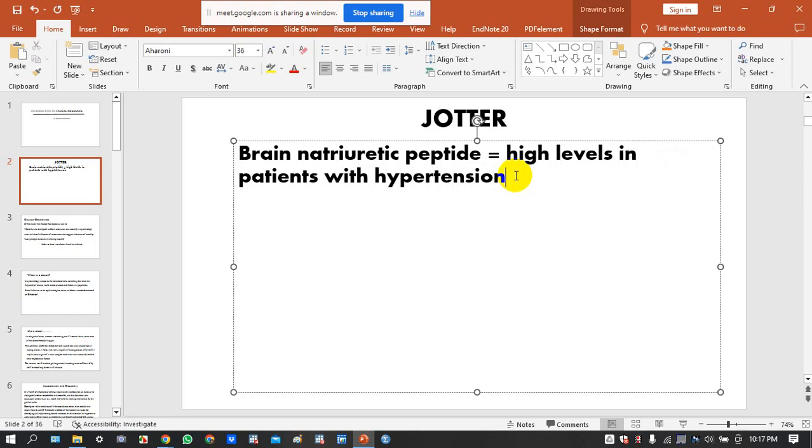So if you have hypertension, the level of this brain natriuretic peptide is very high in your blood.